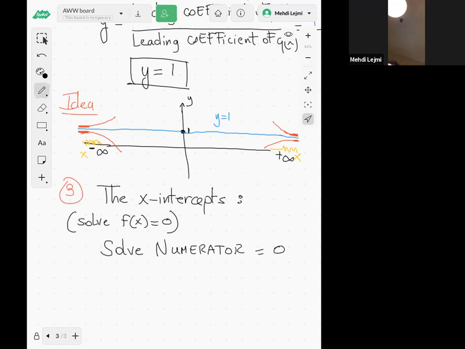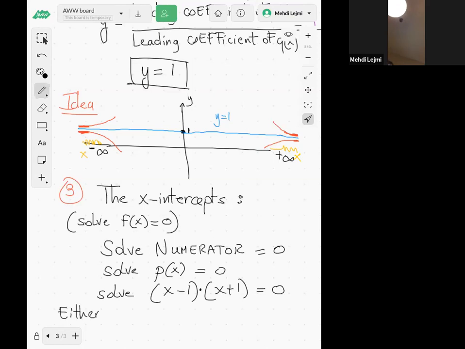And the numerator, of course, that's p of x. So solve p of x equal to 0. And so that would be x minus 1 times x plus 1 equal to 0. So either x minus 1 is 0 or x plus 1 is 0. So the solutions are positive 1 and negative 1.